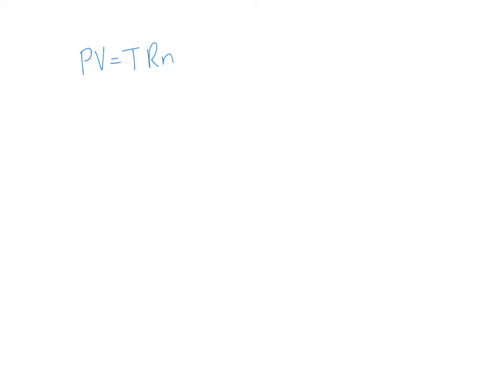So if you read a question, you've got a pressure, you've got a volume, you've got a new volume, what's the pressure? I know that my temperature and my moles are kept constant. And my formula involves only P and V. So P1V1 is equal to P2V2.